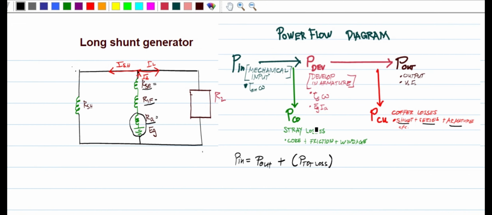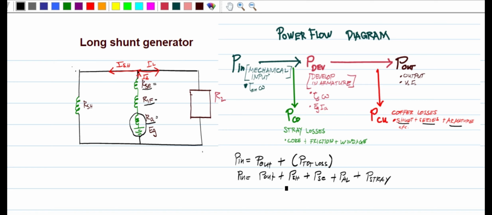And then the copper loss, which is given, and 500 watts of stray losses. Then we have P input is equal to P output plus P shunt, the shunt loss, the series copper loss, the armature loss, plus the P stray.